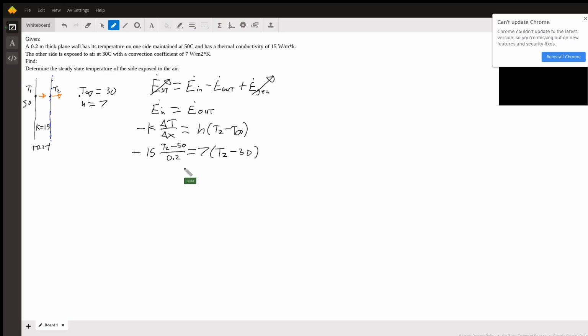Okay, and so from here it's just a bit of algebra, and we should find that T2 is equal to 48.29. That will be degrees Celsius.